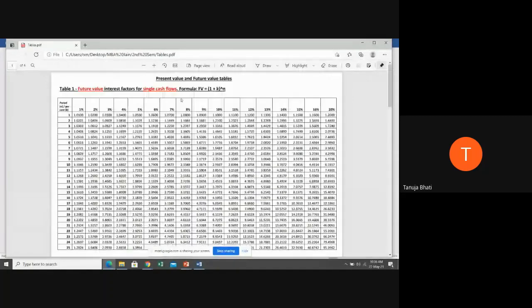And always remember, table number 1 and 2 are for calculating the future value, and table number 3 and 4 are for present value. So just remember, we are just doing future value, so table number 1, single cash flow.